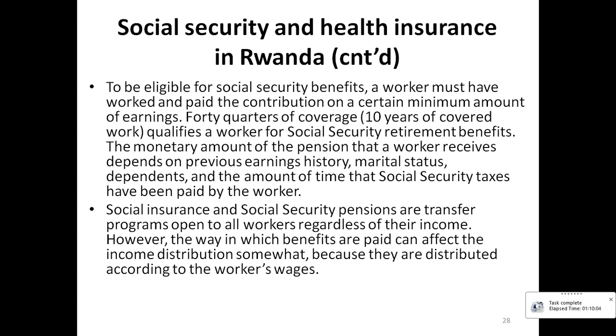The social insurance and social security pension are transfer programs open to all workers regardless of their income. However, the way in which benefits are paid can affect the income distribution somewhat because they are distributed according to the worker's wage.